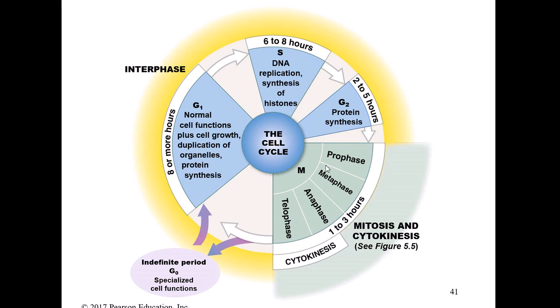I always tell students to remember PMAT, P-M-A-T. So these are the four phases that cause the nucleus to divide. Notice in anaphase and telophase, this is when cytokinesis is going to take place. So near the end of nuclear division, the cytoplasm is going to be dividing also.